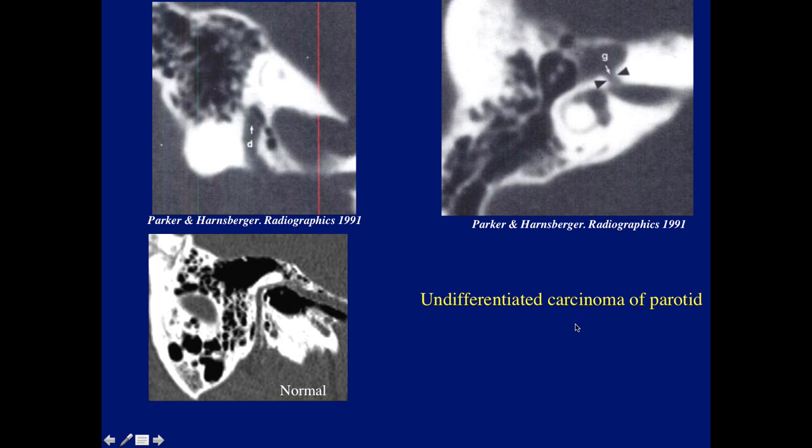Sometimes you may even see on CT, this is normal for comparison. Look how markedly enlarged the mastoid segment of the facial nerve is. And here this patient had enlargement of the labyrinthine portion. Again, undifferentiated carcinoma of the parotid.